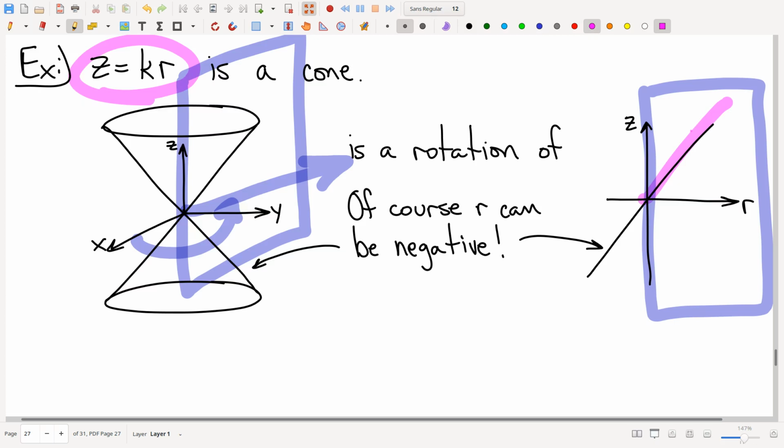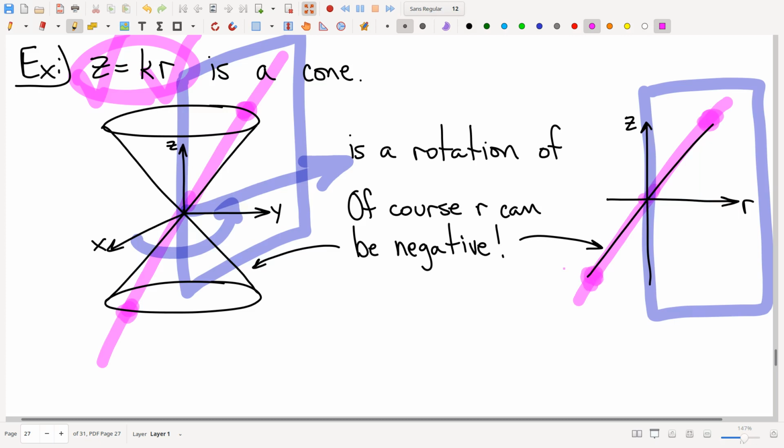Now, tempting to stop here, but do keep in mind z is perfectly allowed to be negative. R is perfectly allowed to be negative. So you actually need the whole line there, and that entire line, let's see if I can draw this reasonably accurately, from there down, so a point up there and a point down here, if you will.